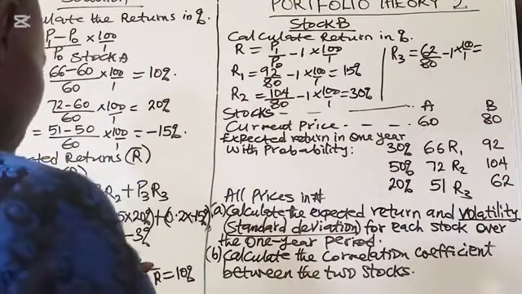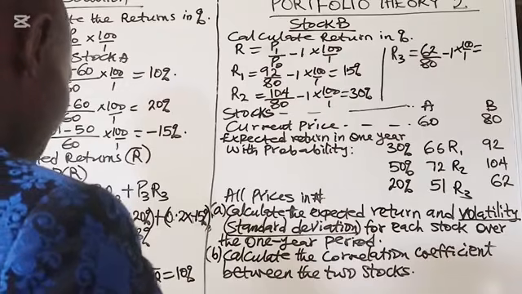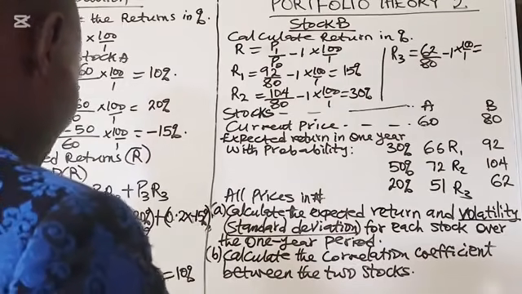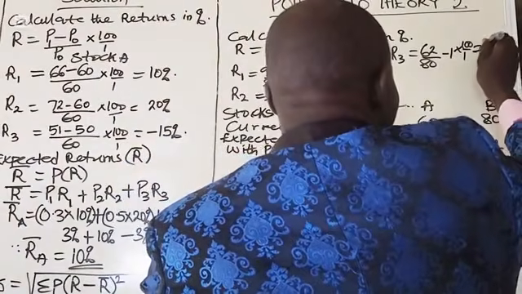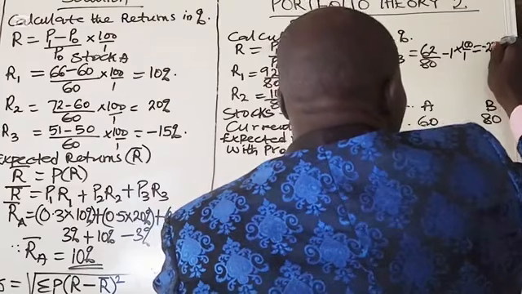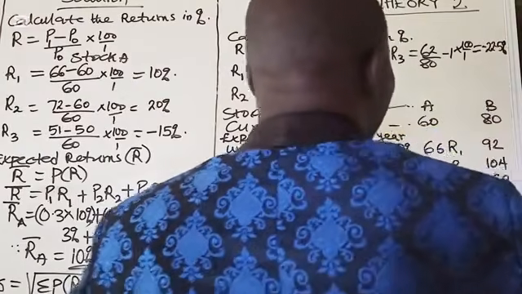That gives us 62 divided by 80 minus 1 times 100, which is minus 22.5%. So these are the returns.